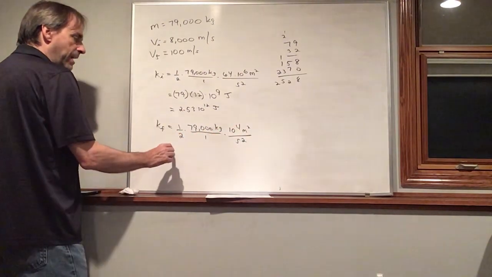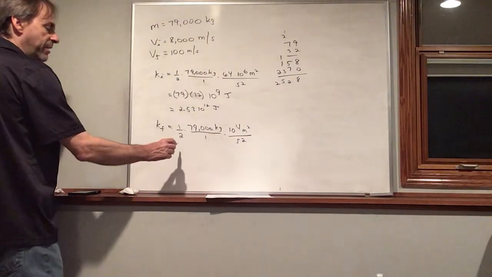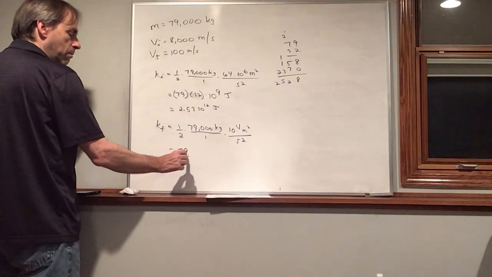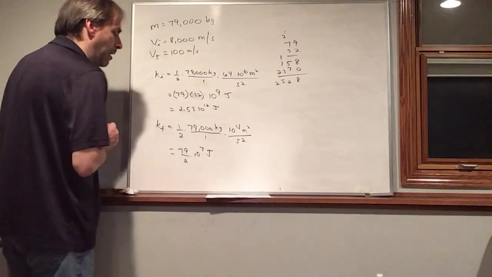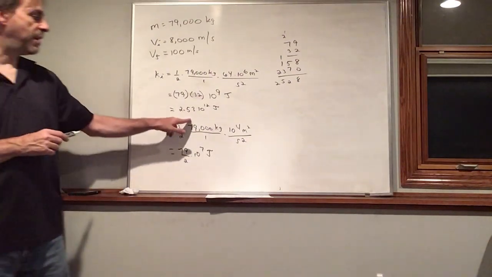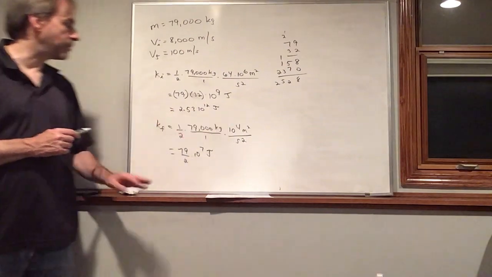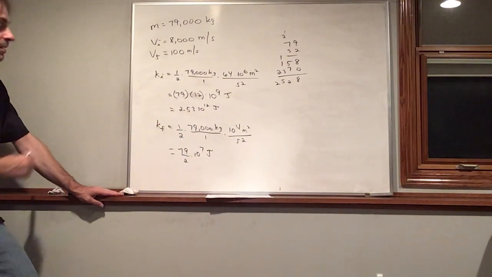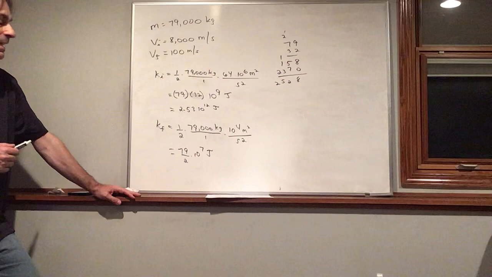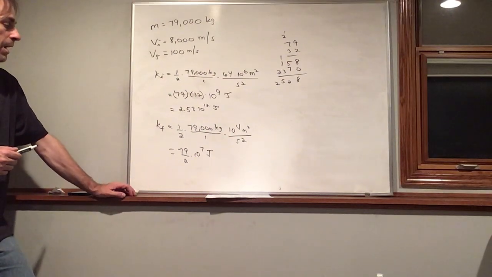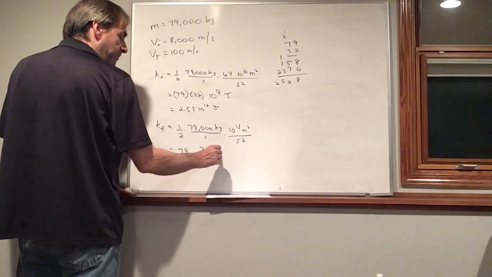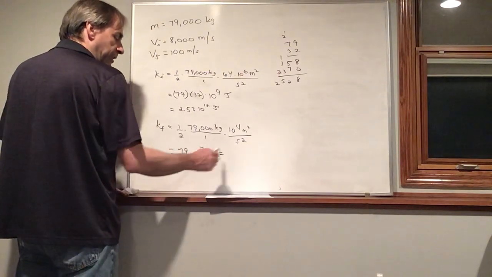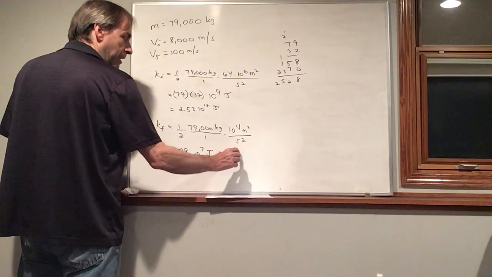So if we do this again, we'll have 79 over 2, times 10 to the 7th power joules. Here we have 79 times 10 to the 3 times 10 to the 4, that'd be 10 to the 7th, divided by 2. So 79 over 2 is 39.5. Let's just round off, say 4 times 10 to the 8th power.